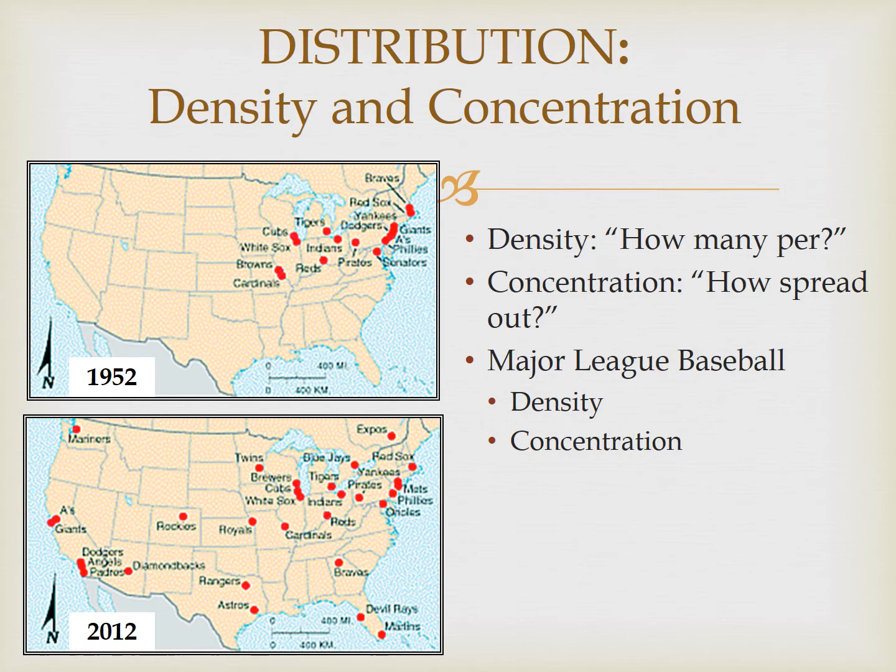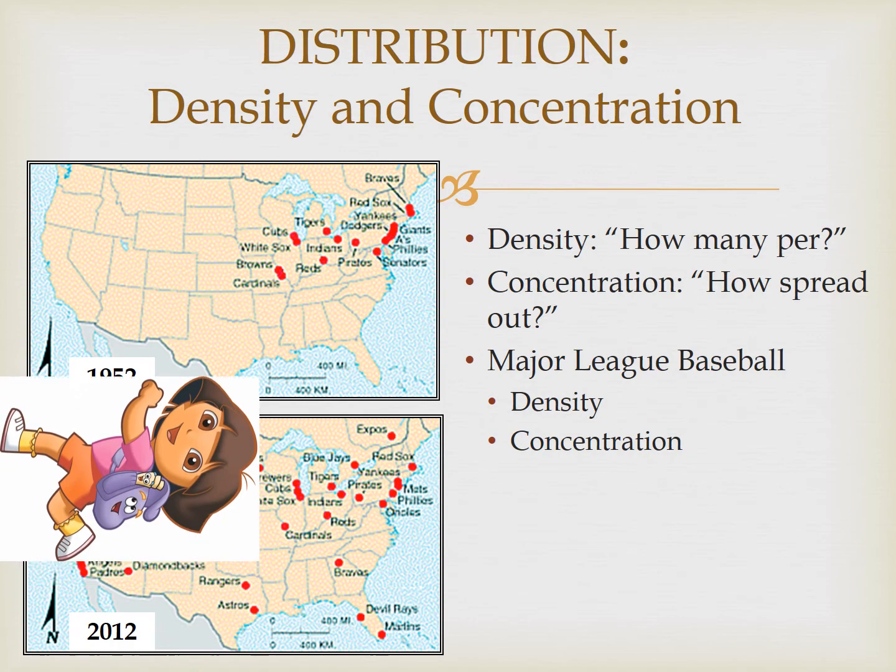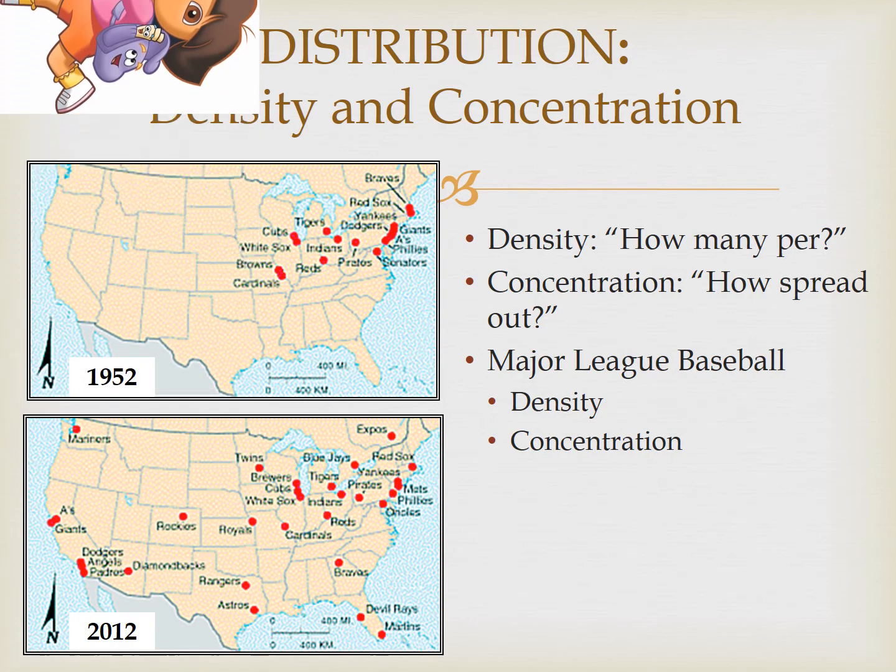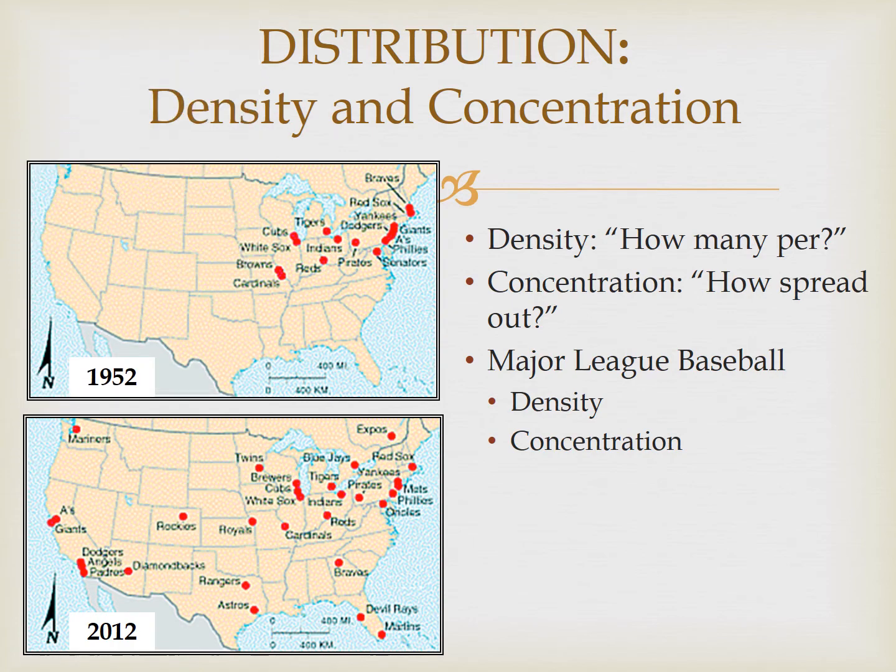So density did what? It became higher, it increased. But when talking about concentration, in 1952, all of the teams were in the eastern part of the United States. But by 2012, though, how would we describe that concentration?